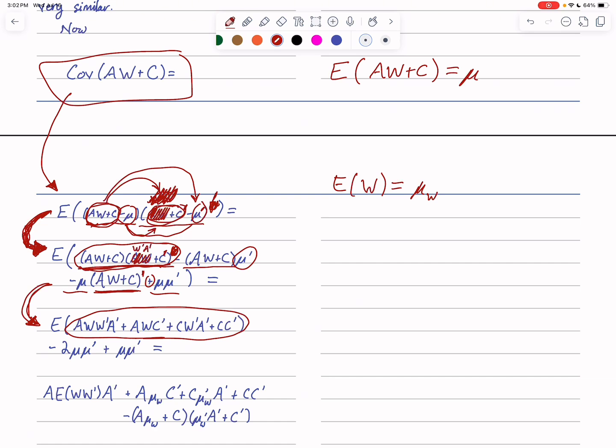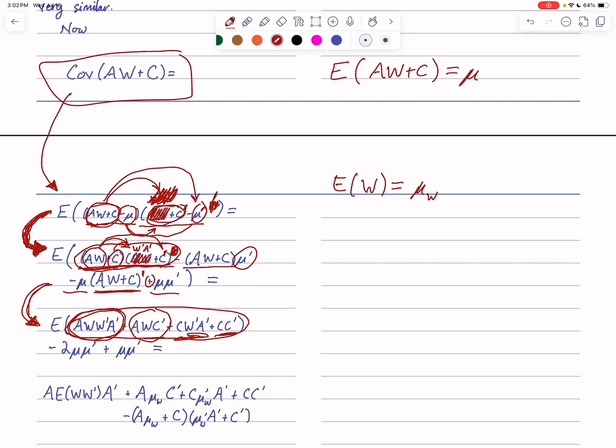Now I'm doing the distribution, so I get this AW here, distributing to the W prime A prime there. That's where I get this term. Then if I do the next distribution, I get AW times C prime, which is right here. Next, I do C times W prime A prime, so that goes here, and then C times C prime is next. So that explains all of these terms.